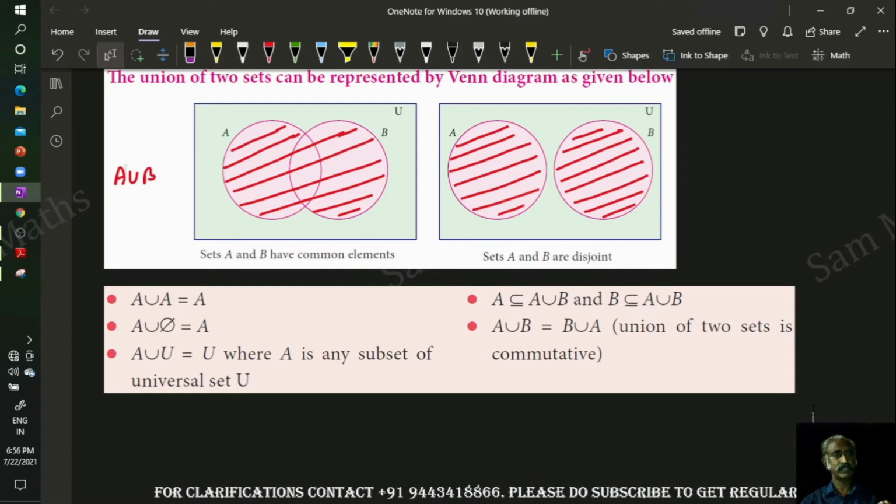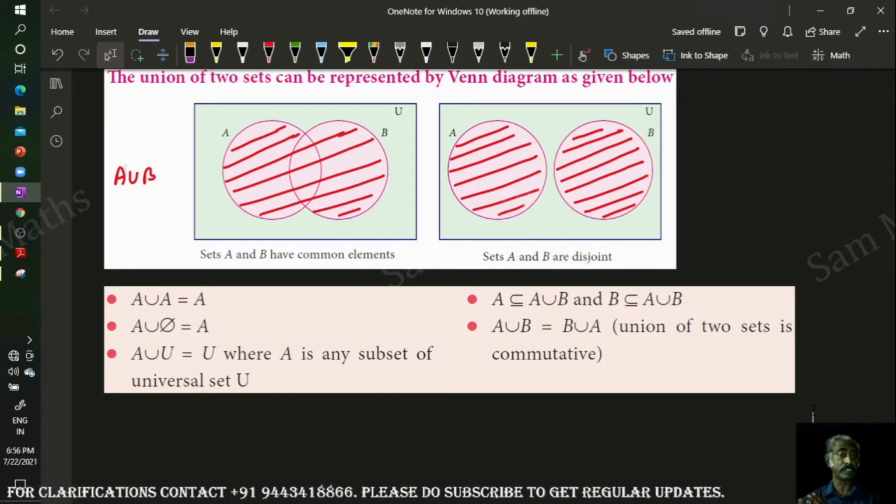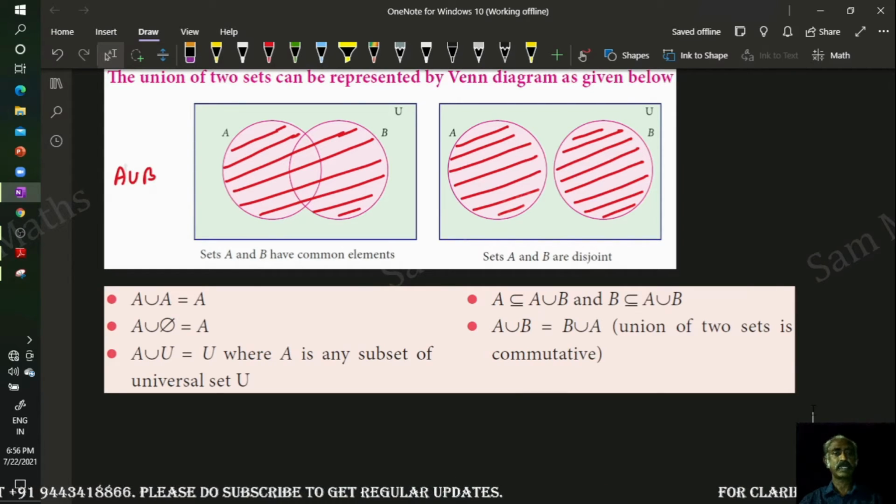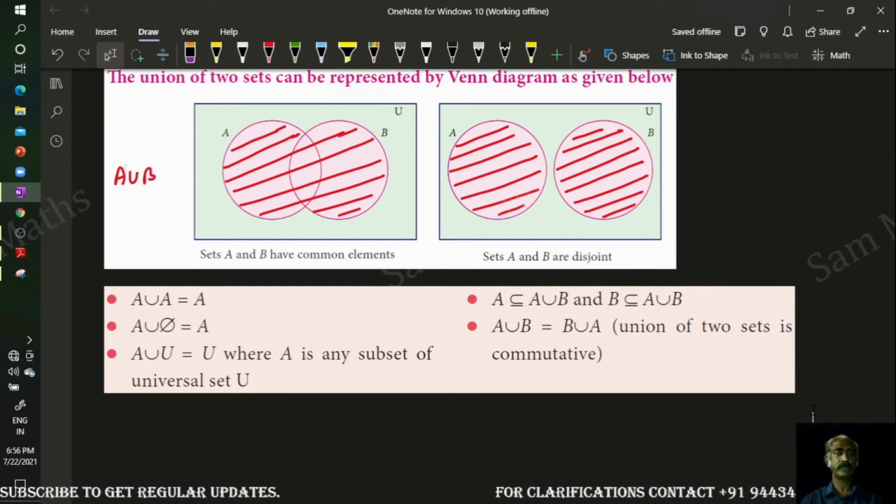A is a subset of U. The universal set is the bigger set. Okay, children? While taking the union of A and U, the result will be U itself, where A is any subset of the universal set U.